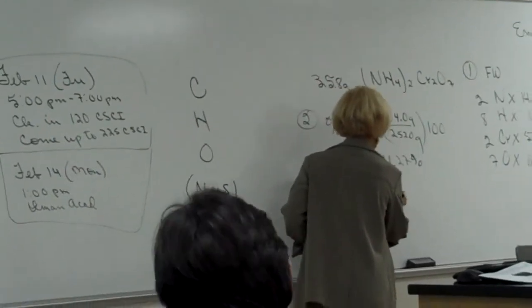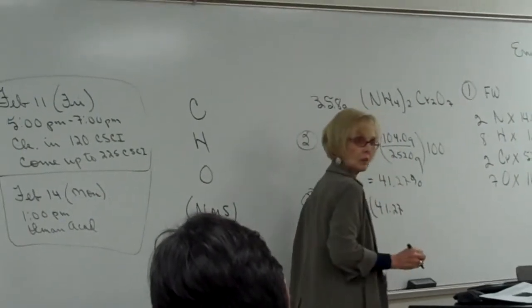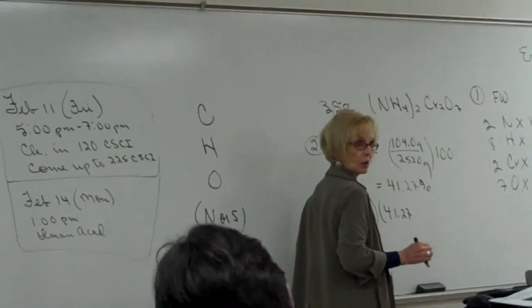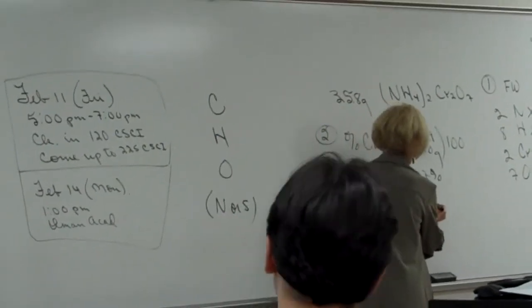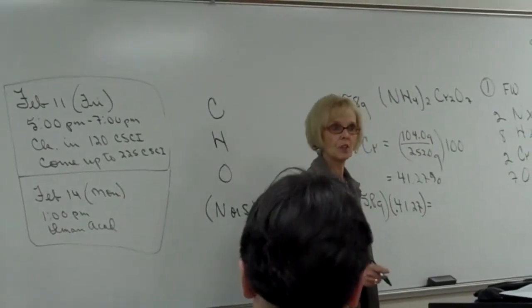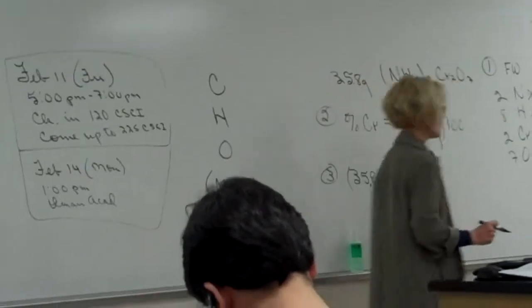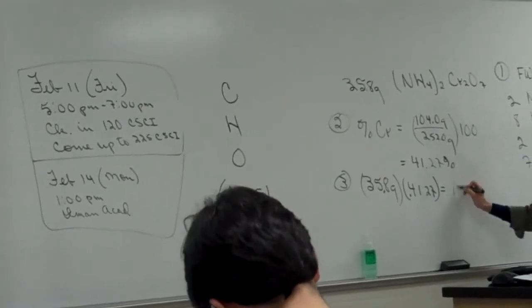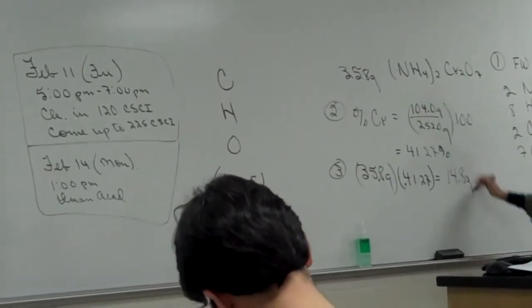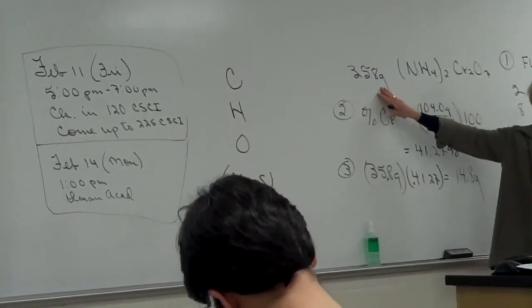Okay, by 41.27? It's a trick. No, by 0.4127. Perfect. Now, let's multiply that, and we'll find out. Meredith, how much chromium can we get? 14.8 grams. 14.8 grams, and great, she went back to her 3 sig figs here.